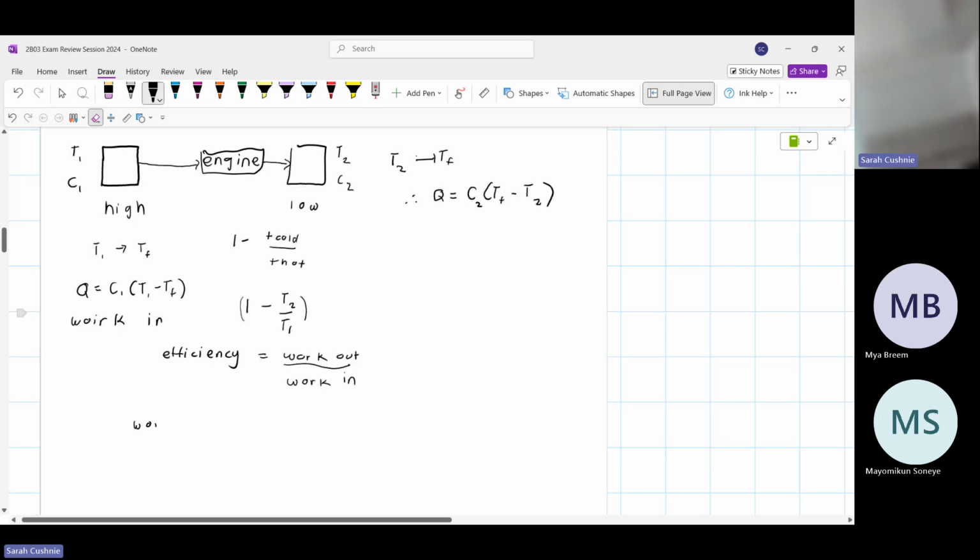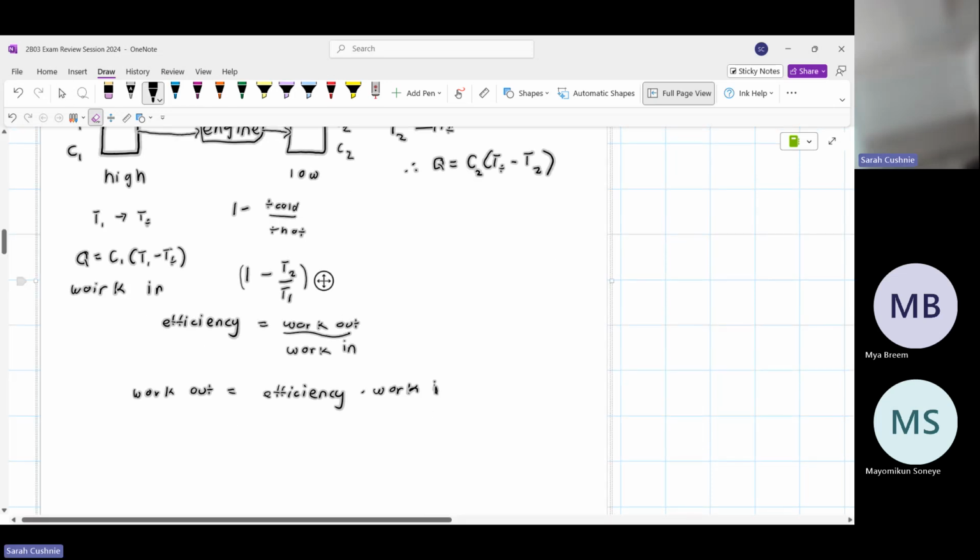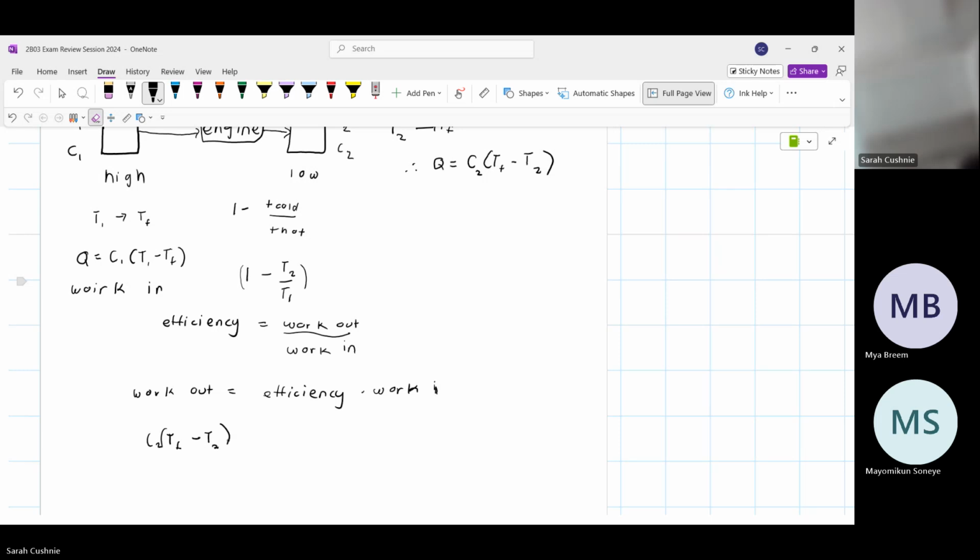From this equation, we get work out is equal to efficiency times work in. So work out is C2 TF minus T2, equal to 1 minus T2 over T1 times C1 TF minus T2.